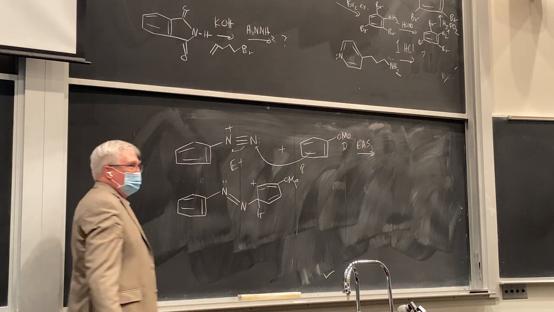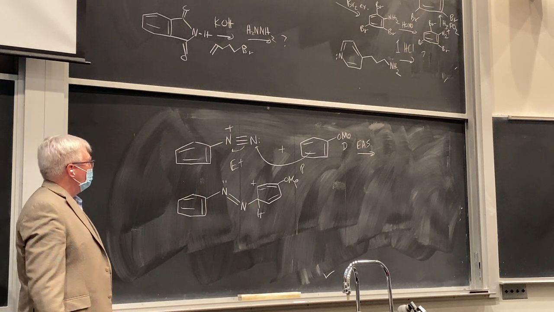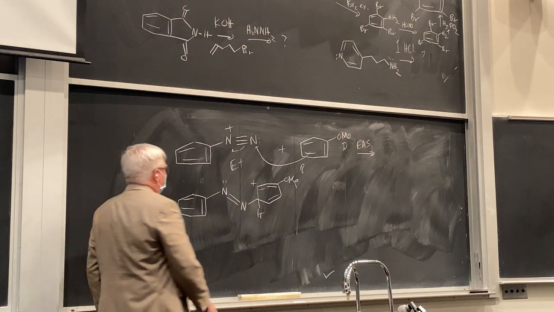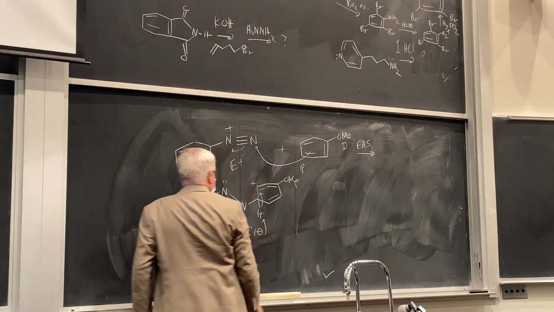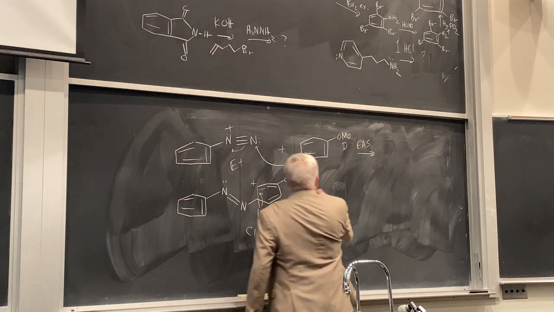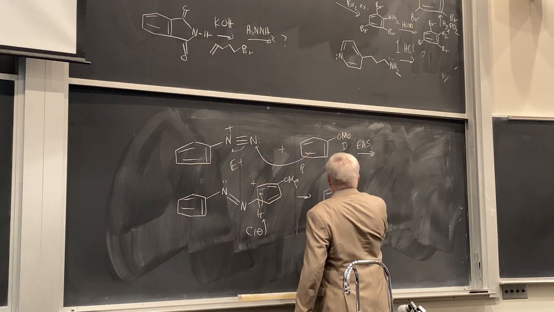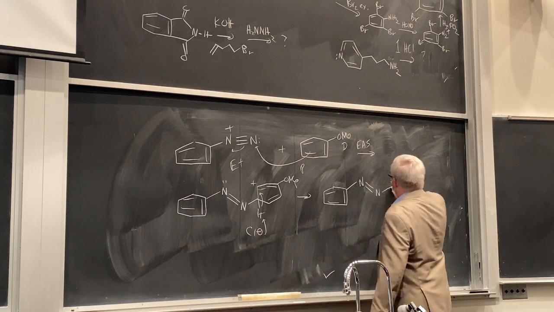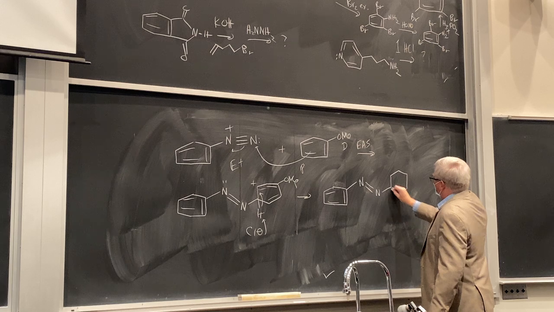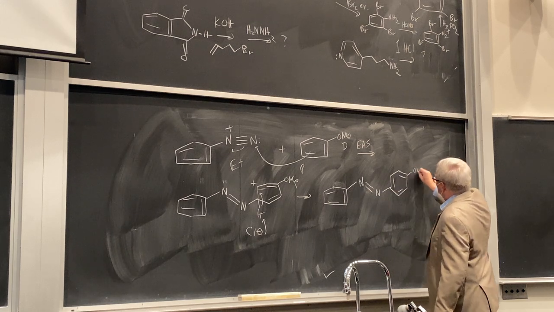And that's our arenium cation that we saw before, right? And so what do we need to do here? Well, chloride or some other weak base can just take that off, and you see we get the stable diazo compound.